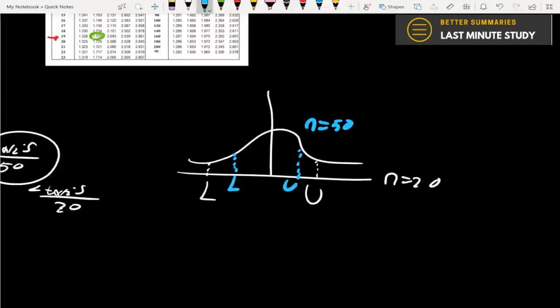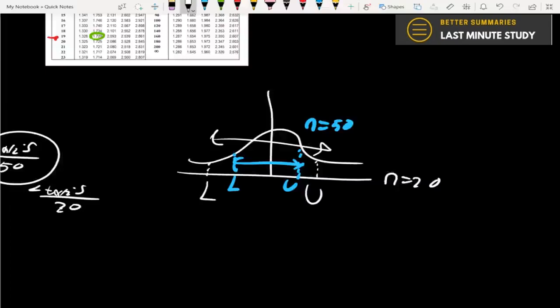We suddenly have here our lower and upper limits. This is the distance, and what do we see? We see the distance decreases. So the length of our interval decreases as n increases.